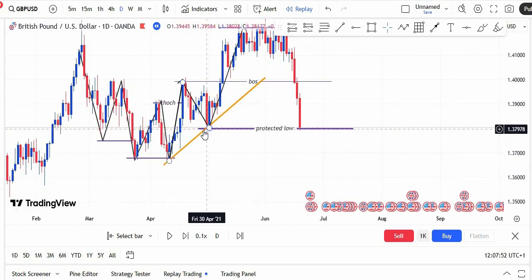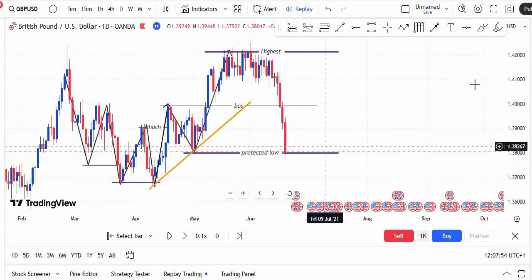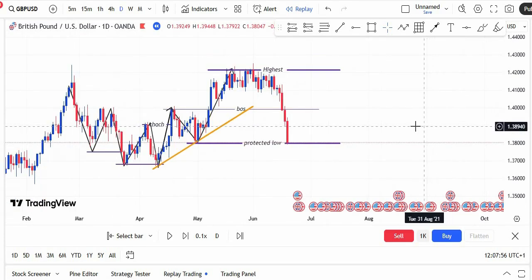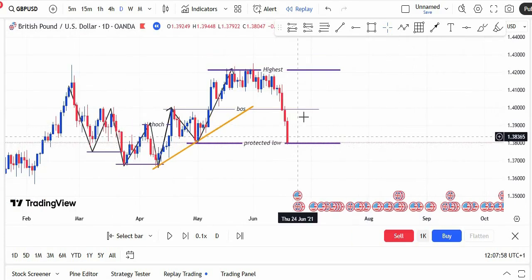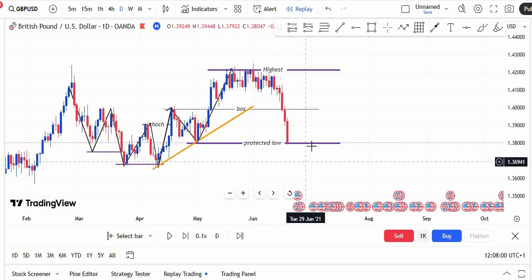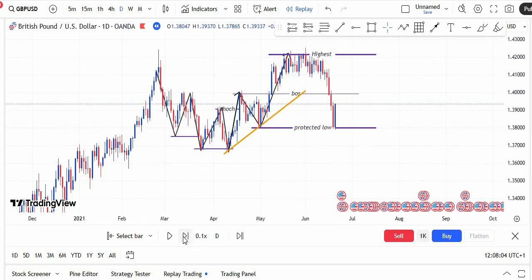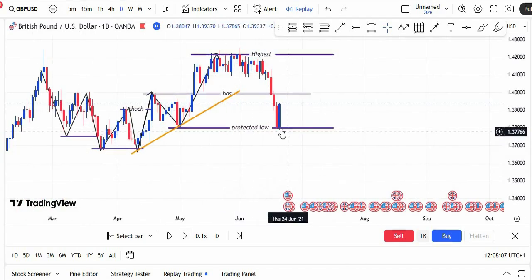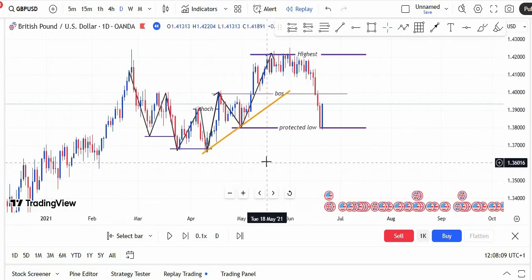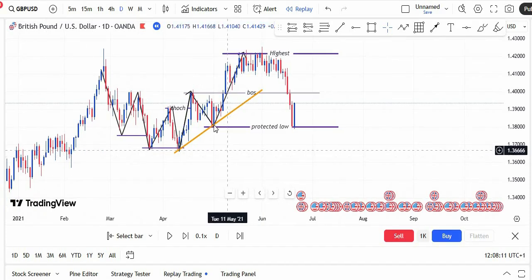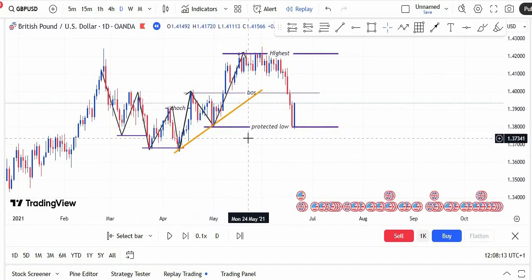Now you see the market has gone into the protected low area. So what we were expecting now is the market to reject off of this protected low area, because it is a strong area for the market. As you can see, the market rejected off of it. So now we won't regard this as a change of character.